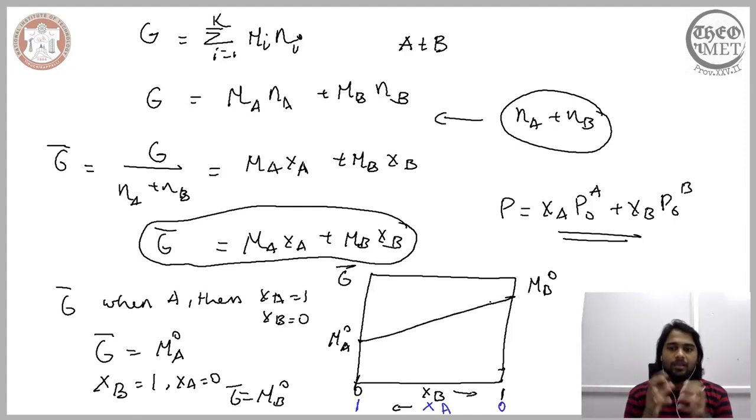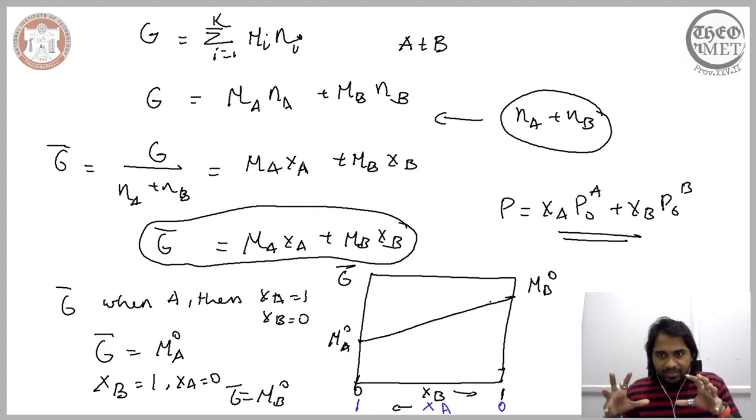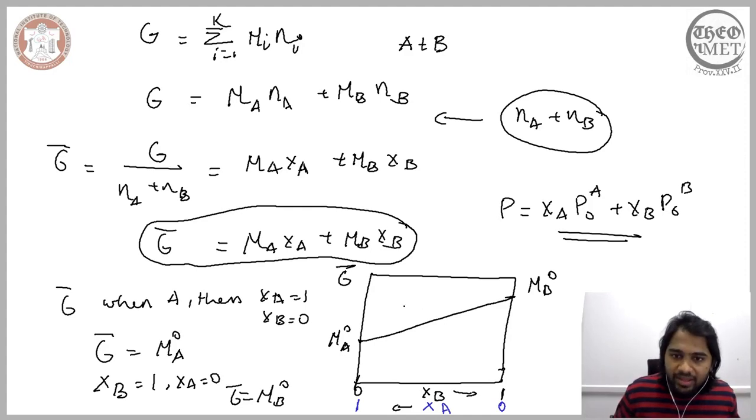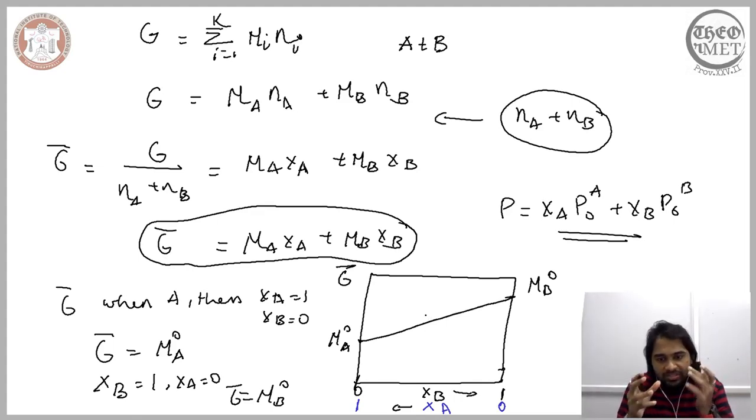From our understanding of how a mechanical mixture behaves, this is similar to the relation that we observed in a mechanical mixture. Therefore this cannot be an actual solution, because this is a behavior that we observed in the mechanical mixture.